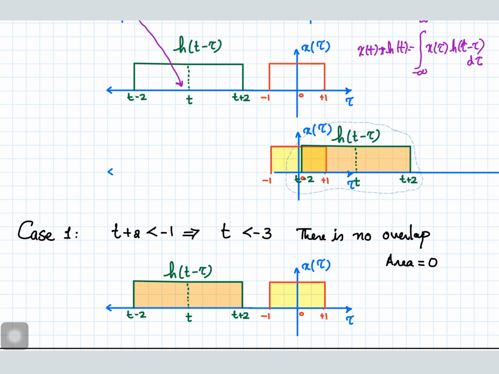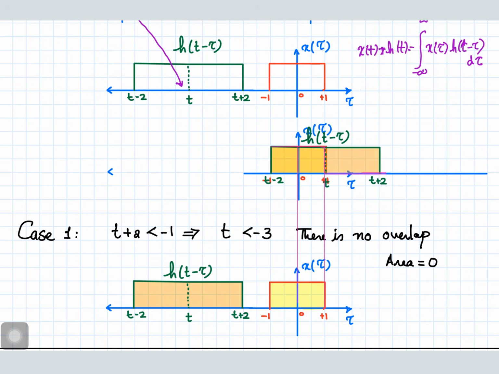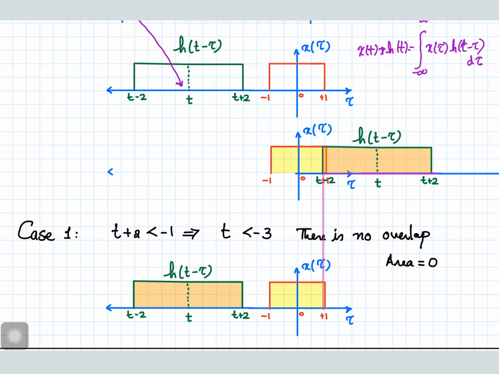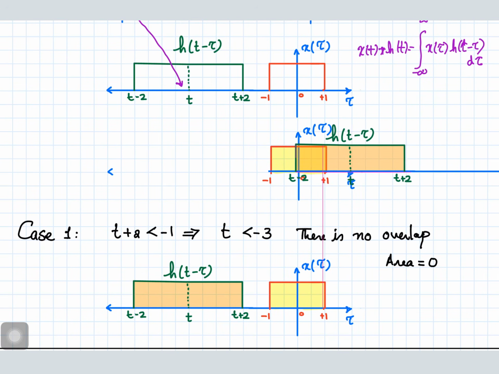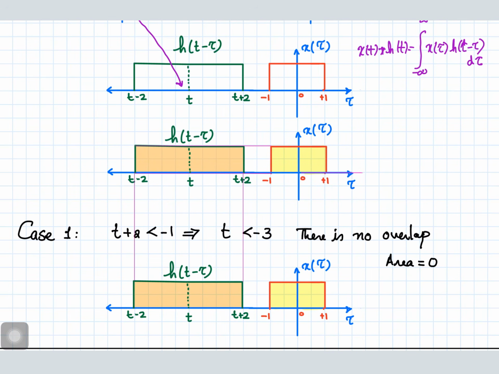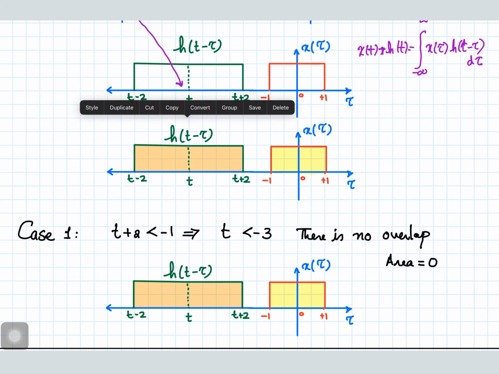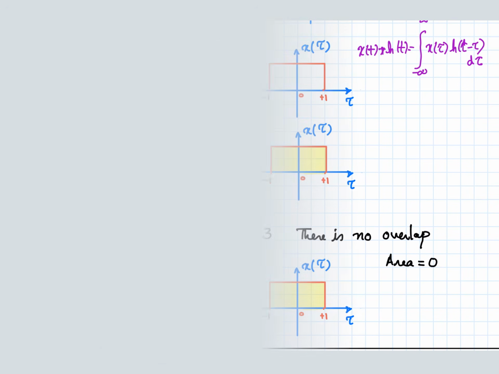So in this way we will define the limits of the integration to work out the area under the product of x of tau and h of t minus tau, and we will work out the convolution expression.